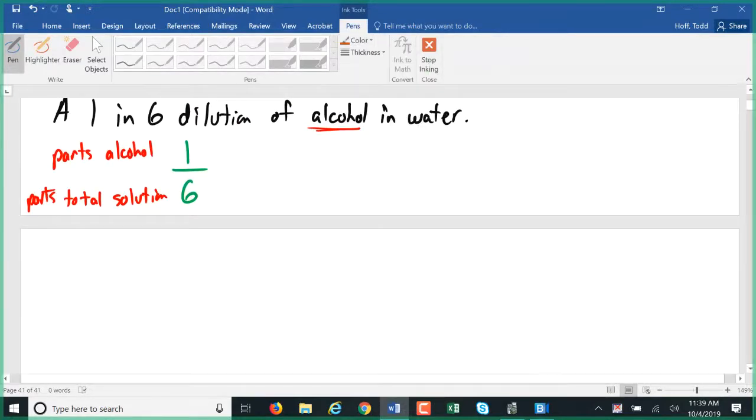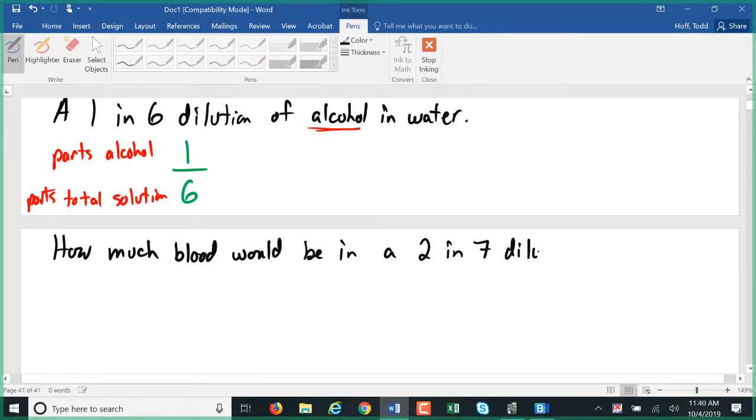So using that, let's ask how much blood would be in a 2-in-7 dilution of blood in water, NS, if it is 280 milliliters.